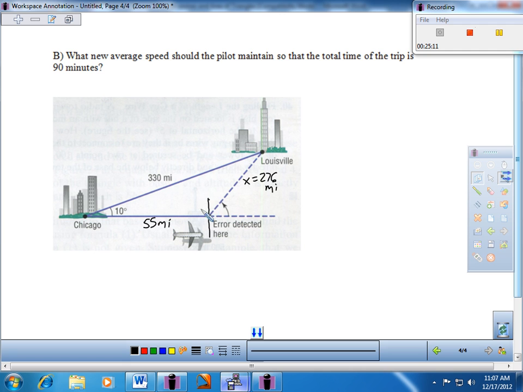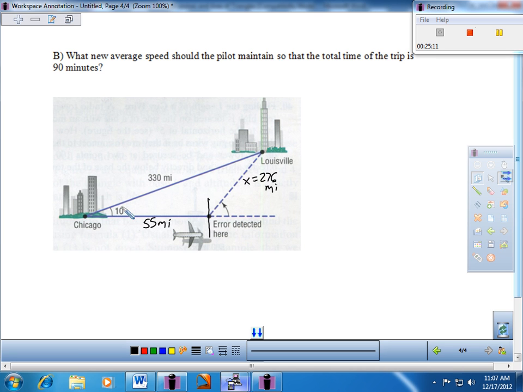Okay. Now, here is the scenario, and this is a good conversation to have at this point. We need this angle right in here, right? And my diagram sort of tells us what type of angle it is, but I would say we need to be careful on it because we don't know it's drawn to scale. In fact, it really doesn't look like it is. This is 55 compared to this 330. So I need to be very careful on assuming what type of angle this is right here, which means at this stage, guys, I'm in an SSA situation with my law of sines.